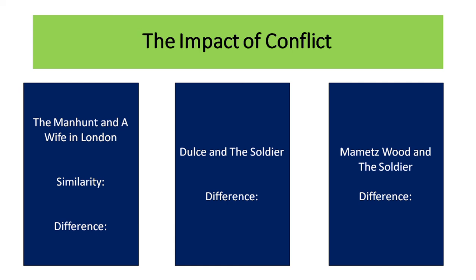So I'm going to ask you now to have a go at comparing these specific poems, but rather than focusing on perspective and who we're hearing from, this time you're going to focus on comparing what the poets suggest is the impact of war and conflict. What do they suggest happens as a result of it?